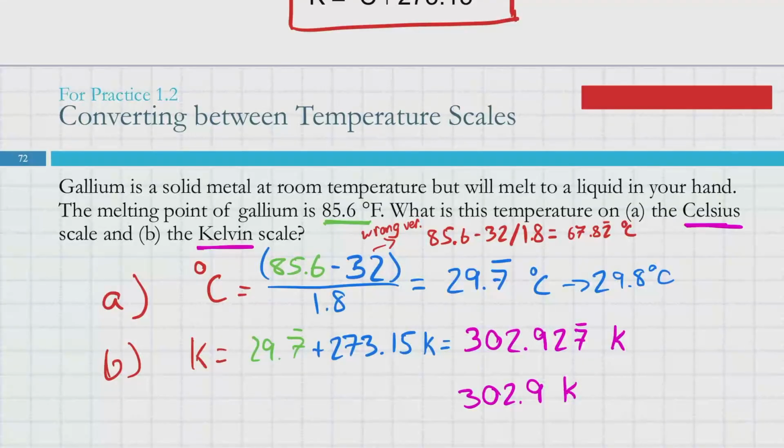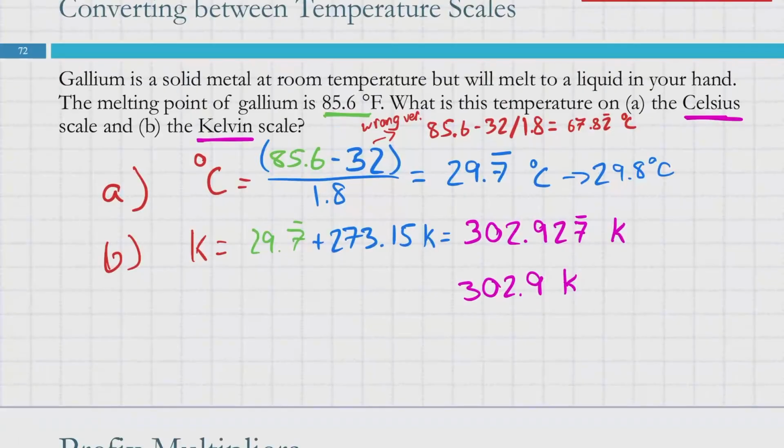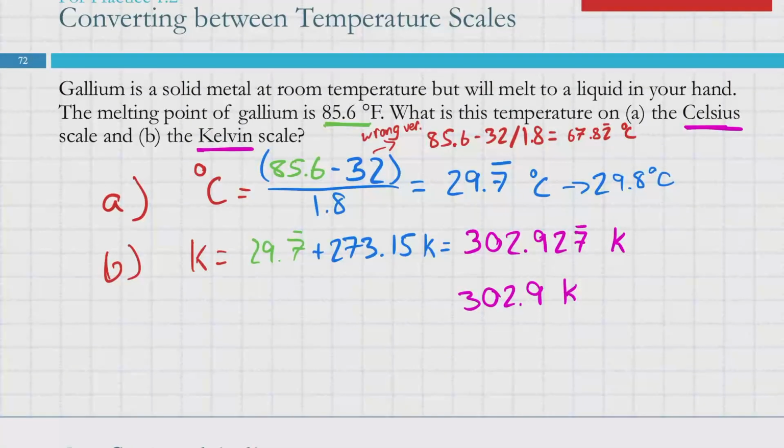Okay, let's do it in the opposite direction, just for fun. Let's say that we're talking to somebody in Italy, and they say it's boiling hot out here. Not literally, but they say that it's 47°C outside, and that's just unbearably hot. What would that be in degrees Fahrenheit?